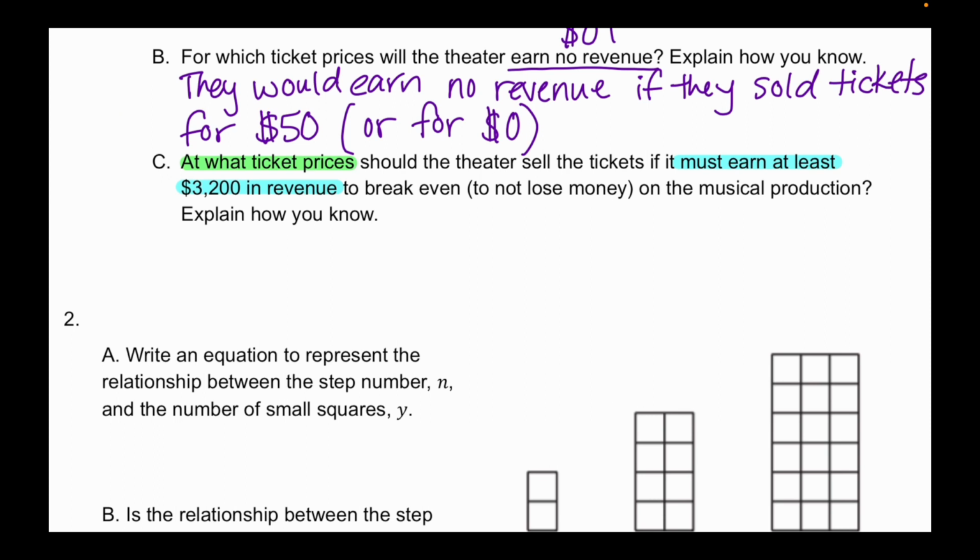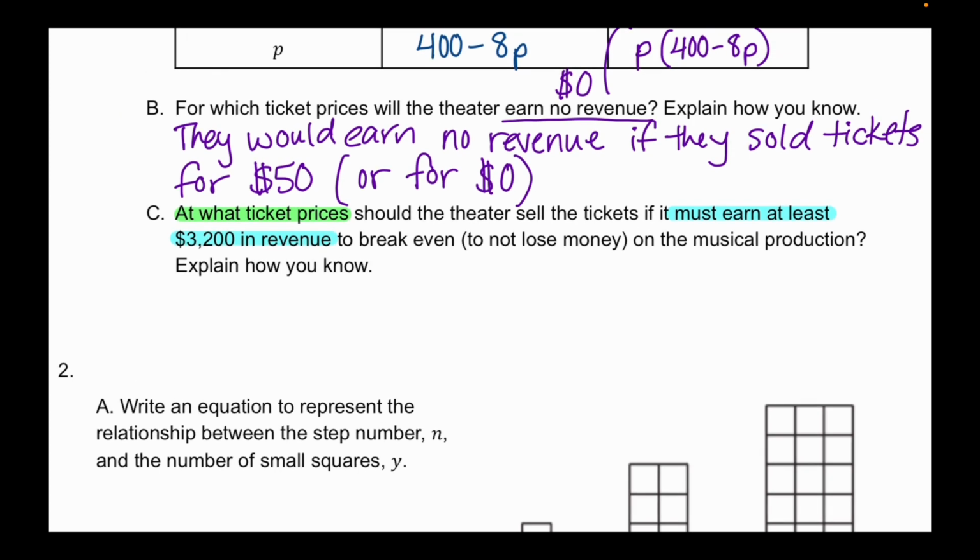to break even. And breaking even just means to not lose money on the musical production. Because it costs money to put on a show. They have to do the costumes, the sets, probably pay the actors maybe, and they don't want to lose money. So our big number that we're focusing on here is 3,200.